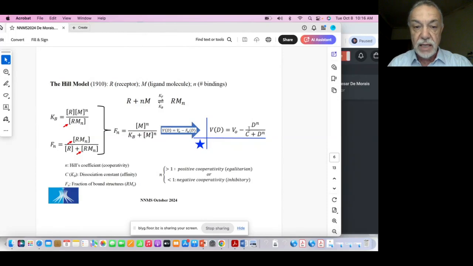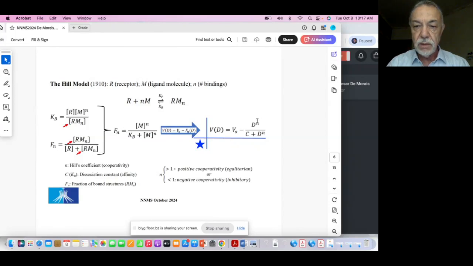So this is the standard Hill equation. You see that the concentration of the molecule is replaced here by the dose, and we have the exponent N. The exponent N is called the Hill coefficient. And look at the backward constant, where it was replaced here by the constant C. So this equation is a very nonlinear equation, and it's very useful to explain most of the cell viability data.